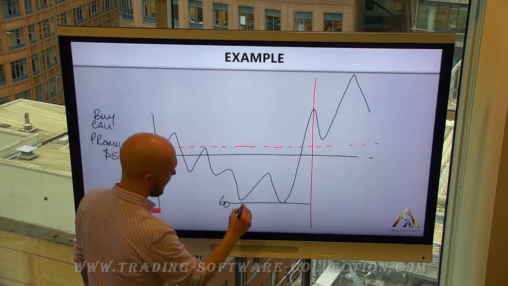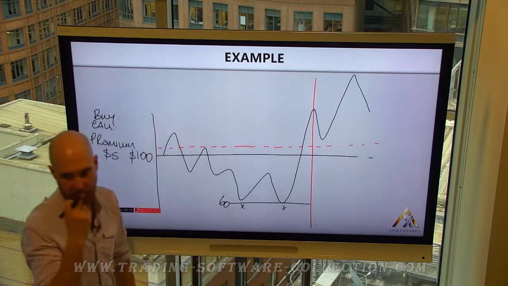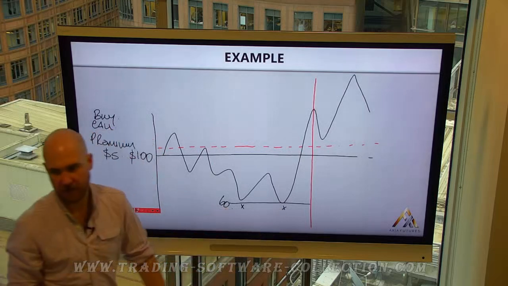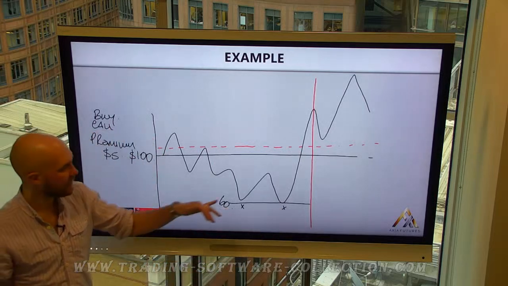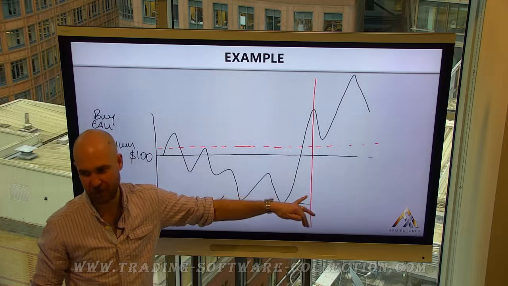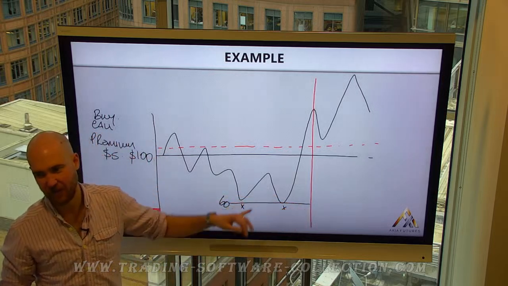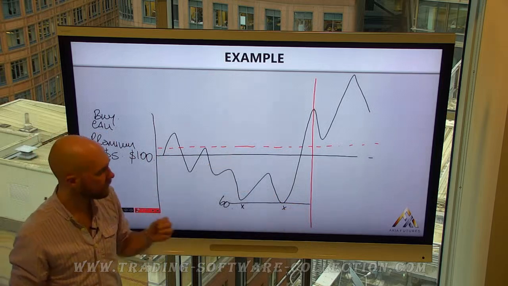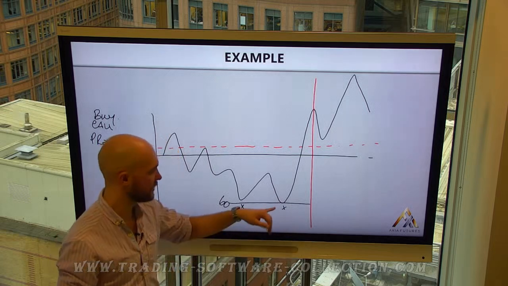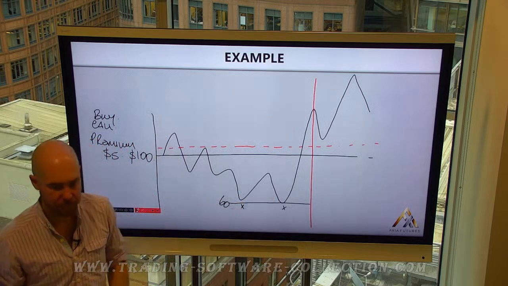The option here will be more expensive than it will be here because of the time element, that you've still got perhaps a month and a half to get to expiry. In this example, you might only have a week and a half, and you've still got to do $40. So that's when your call options are going to be cheap. That's when your call options are what you would say are out of the money.